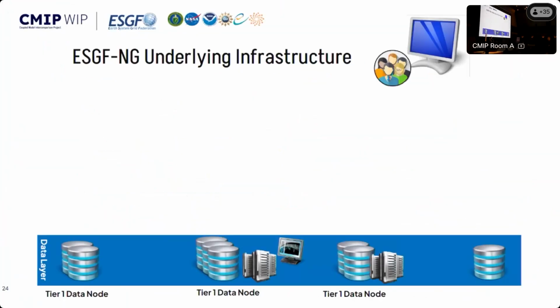So I'm going to gradually build up some layers in this diagram. You've got a big blank area in the middle at the moment. But just focusing on the bottom, the fundamental of ESGF is the idea of having lots of different sites internationally that host data. And this will be true for CMIP7. So we'll have a number of different sites around the world where you can access that CMIP7 data. And they come in different categories.